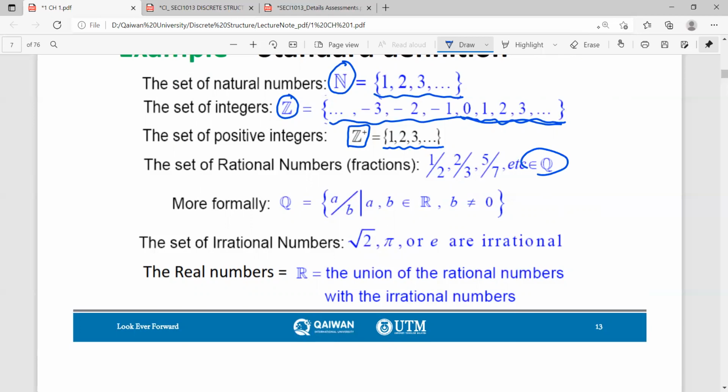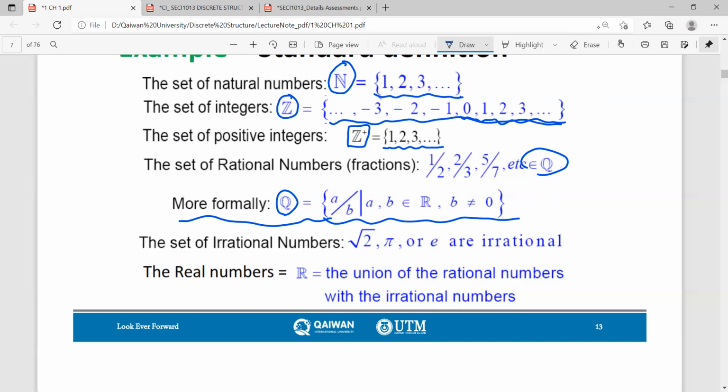All these numbers belong to Q. And also, we can write down Q as the set A over B, where A and B are integers, but the denominator must not be 0, because any division by 0 is undefined. The denominator must not be 0. So this is the definition of rational numbers.